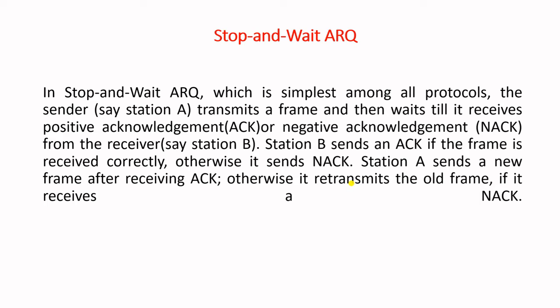So in stop and wait ARQ, station A transmits a frame and then waits till it receives a positive or negative acknowledgement from the receiver, say station B. In this example, A is the sender and B is the receiver. Station B sends an acknowledgement if the frame is received correctly. Otherwise, it sends a negative acknowledgement.